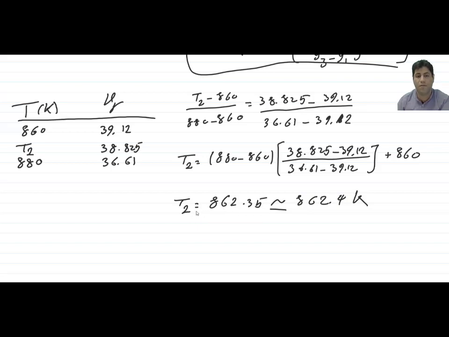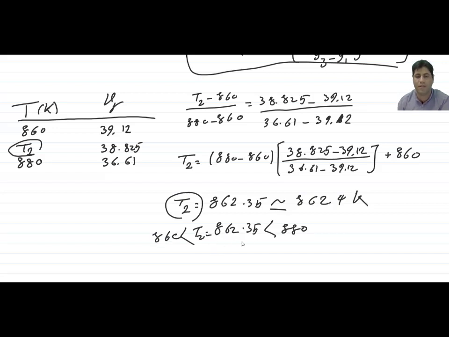To check if our interpolation is okay or not, we need to compare the temperature which we have with the other two temperatures. As you can see here, T2 needs to be between 860 and 880. The T2 which we have here is 862, so 862 is between 880 and 860.